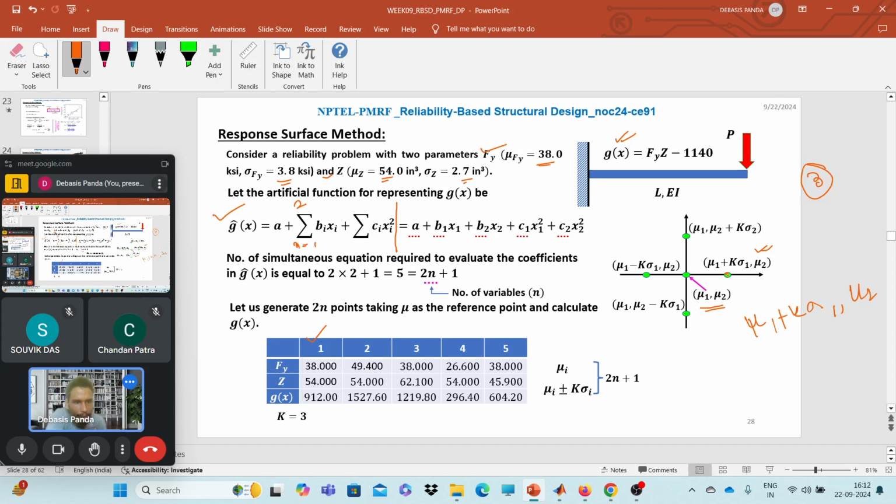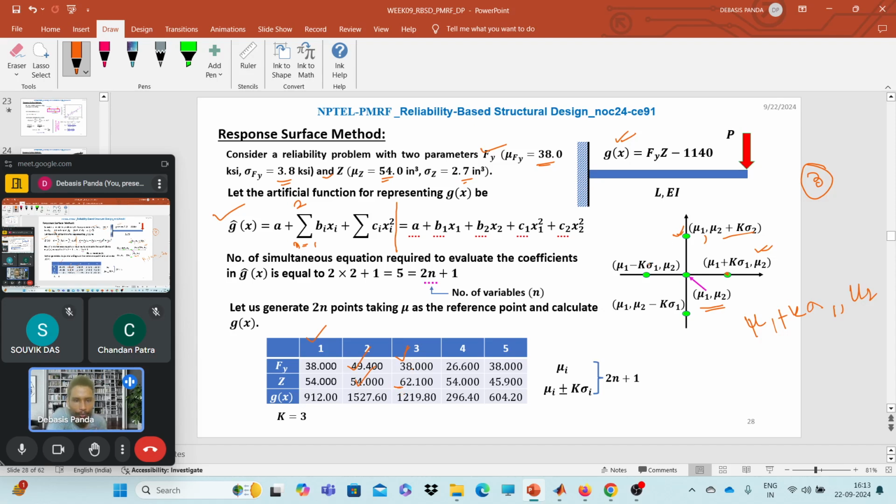This point, this and this mu2. Now move to the third point. The third point will be mu1, mu2 plus k sigma. You calculate mu2 plus k sigma and you will get 62.1.